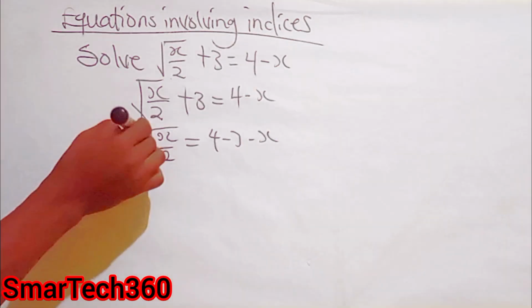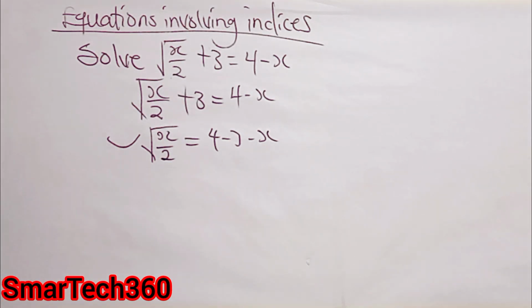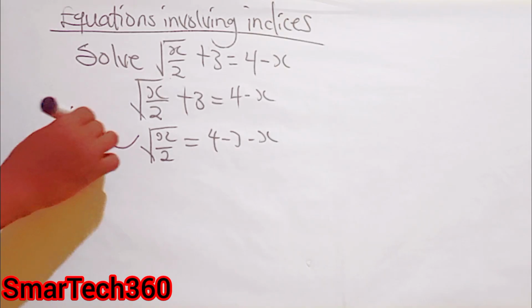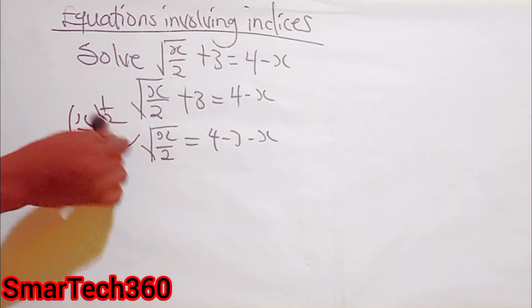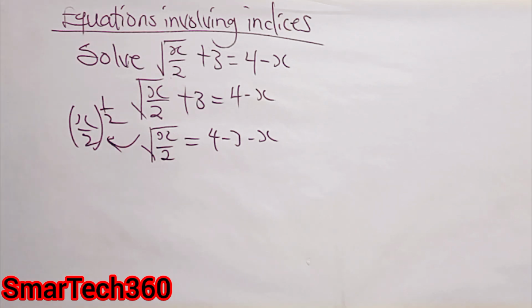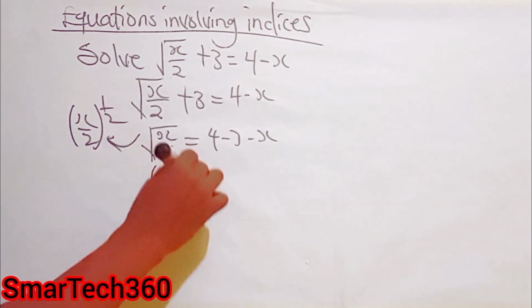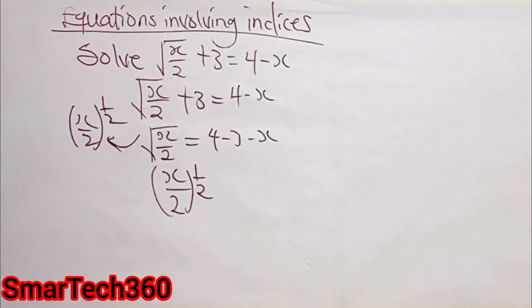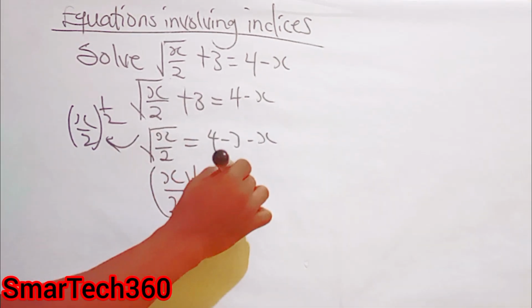But we also know that square root of x over 2 is the same as x over 2 exponent half. So we replace it there in the equation. So we have x over 2 exponent 1 on 2 equal to 4 minus 3, which gives us 1, then minus x.